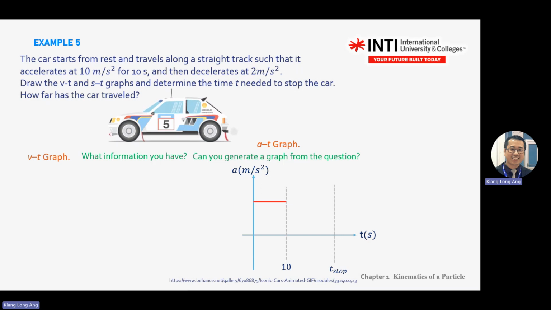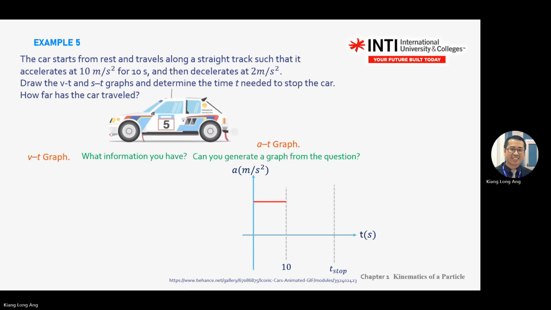So how do you draw the acceleration of 2 meters per second squared? At where? 8. Try to think, this is also one of the careless mistakes that students make. So you know this one is 10. The question mentions accelerate at 2. How do you draw it on this graph? It's wrong. You know that if you draw a slanted line, it's wrong.